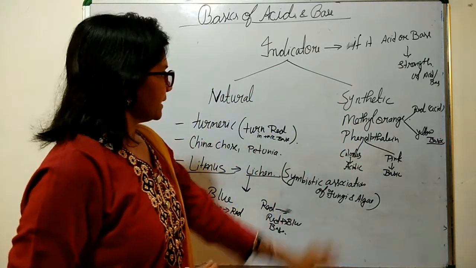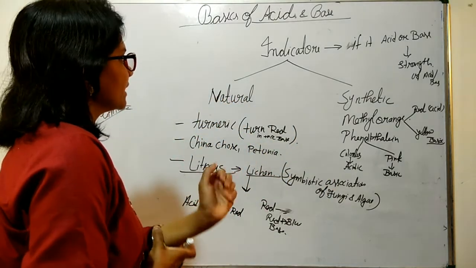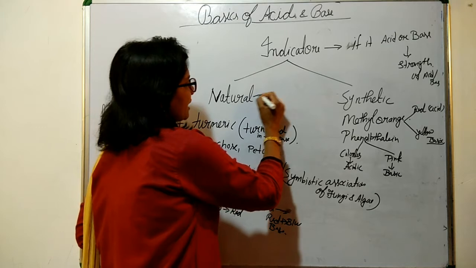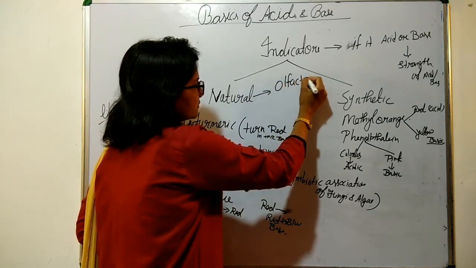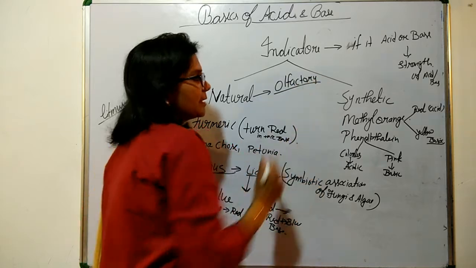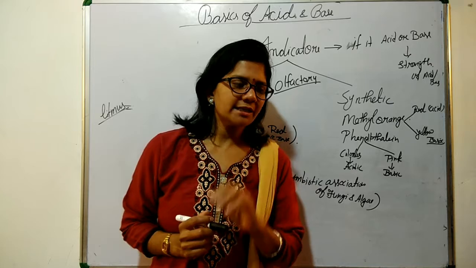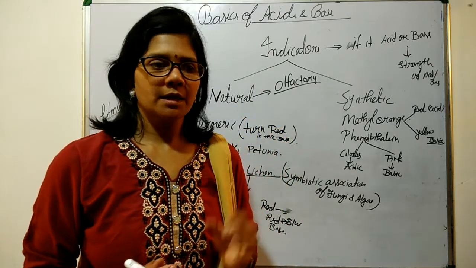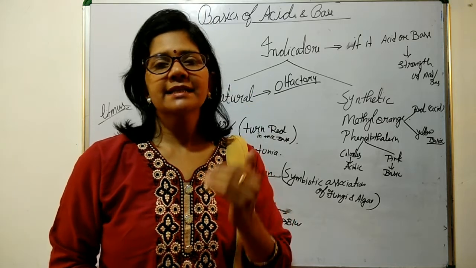So these are natural and synthetic indicators. One more special type is the olfactory indicator. Olfactory means by smelling. So by smelling we can find, for example, onion, vanilla, clove. They help to find the acidic nature.